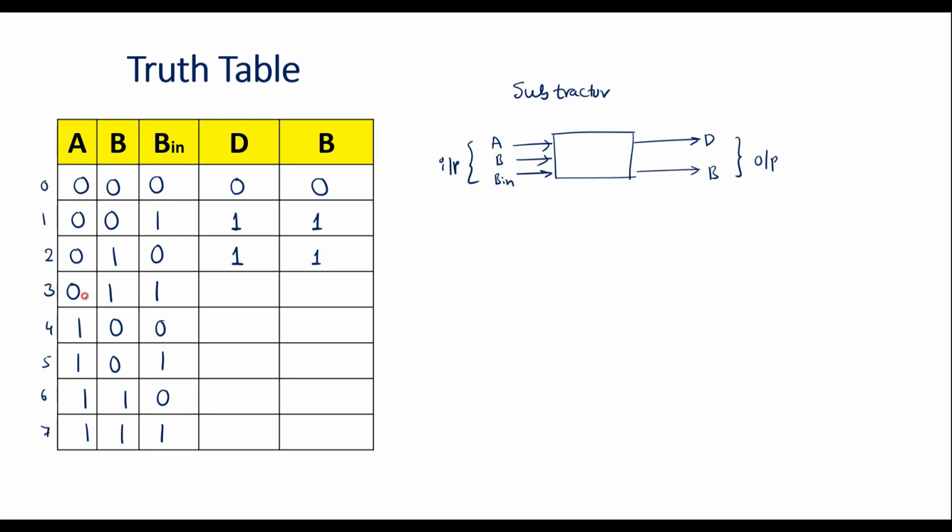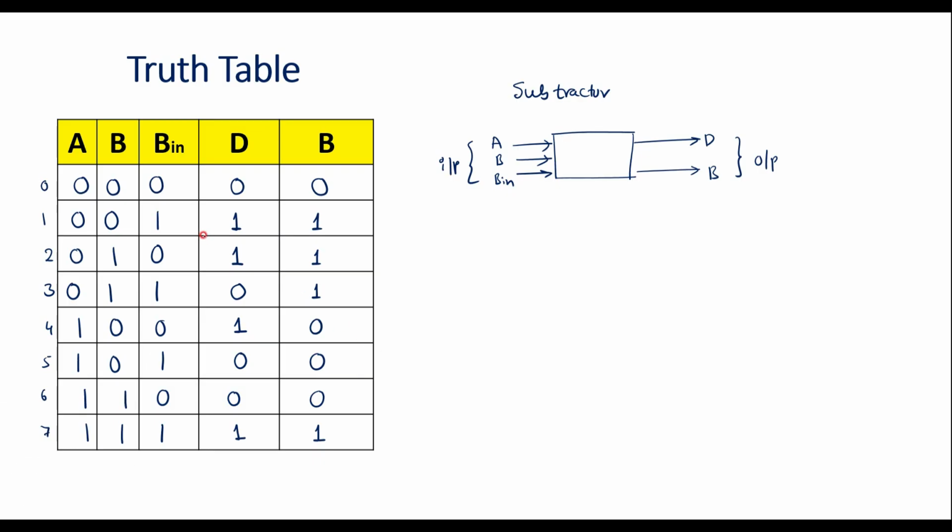In 0, 1, 1, 0 minus 1 gives difference 1, and 1 minus 1 is 0, so difference is 0, borrow is 1. 1, 0, 0 gives difference 1, borrow 0. In 1, 0, 1, difference is 0 and borrow is 0, because 1 minus 0 is 1, and 1 minus 1 is 0. For 1, 1, 0, 1 minus 1 is 0, so difference is 0 and borrow is 0. For 1, 1, 1, 1 minus 1 is 0, difference is 0. Then 0 minus 1 gives difference 1 and borrow 1.